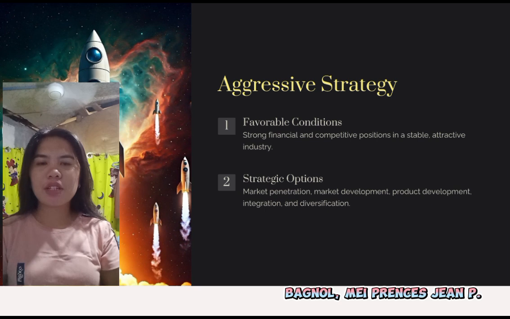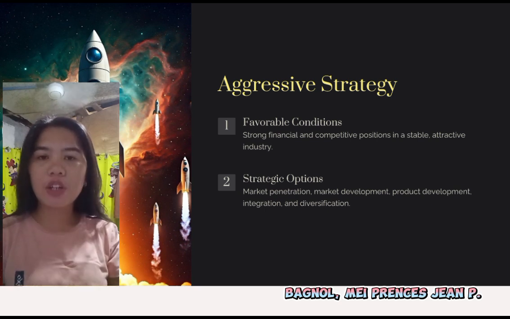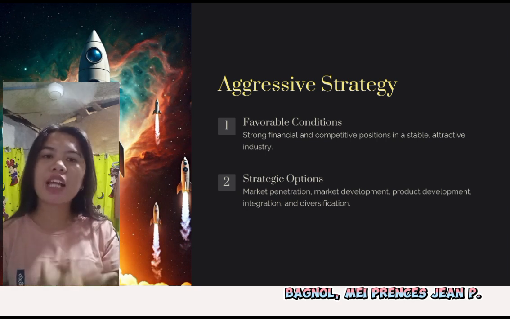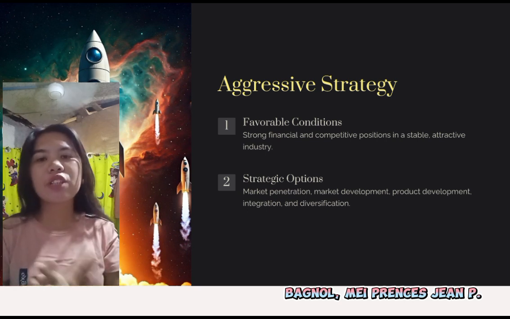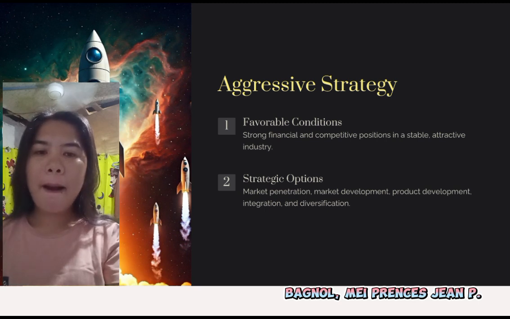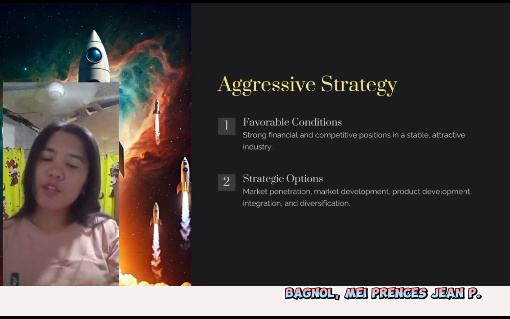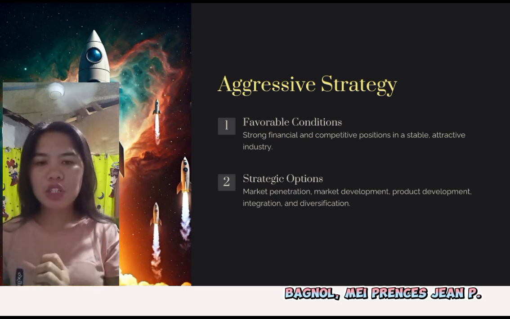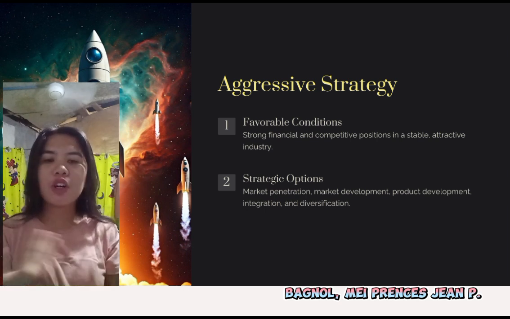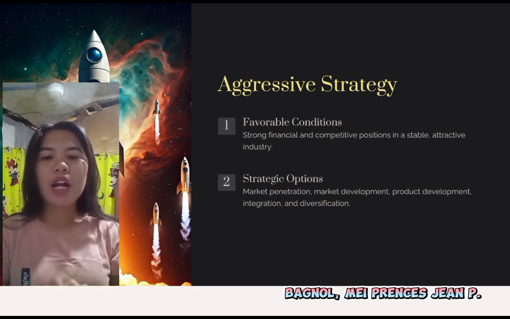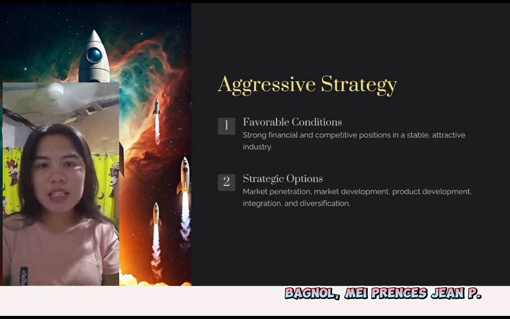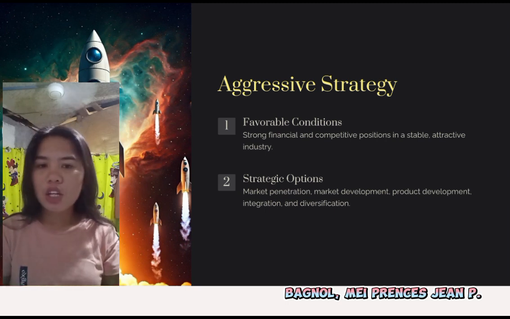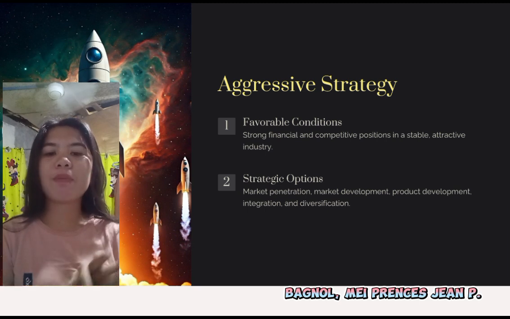An aggressive strategy in hospitality is when a hotel or chain is in a strong financial position and has an edge over competitors, allowing it to grow in stable or attractive markets. For example, you want your hotel to expand by attracting more guests, or market penetration; or entering a new location, or market development; or offering new services; and also acquiring more competitors, or integration, to explore related industries like event planning.